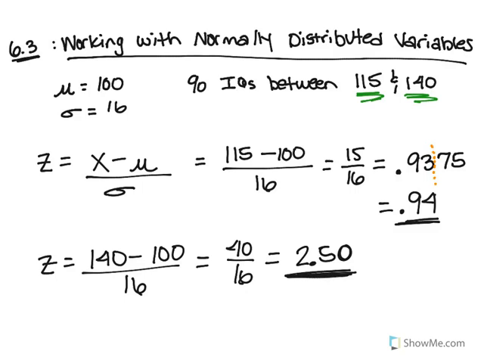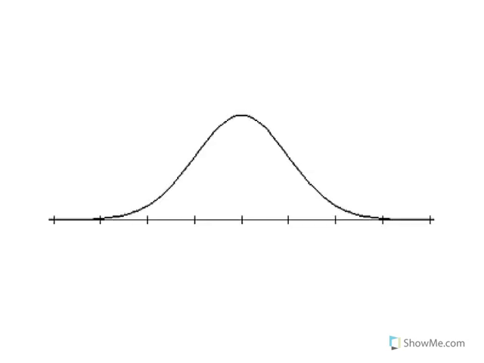Now, I'm going to show you on the bell what I'm looking for. Okay. We know that the mean is always in the middle, and that's 0. We just found that 115 represented like 0.94. That would be kind of there. And 140 kind of represented 2.5.